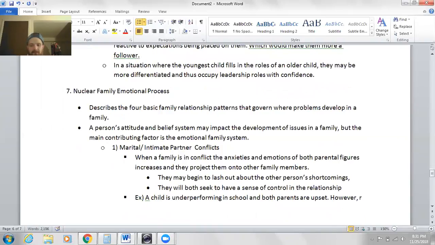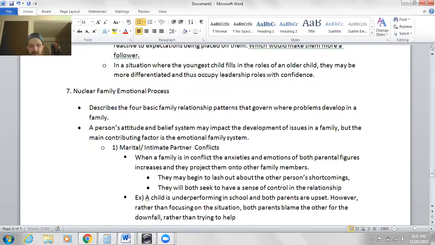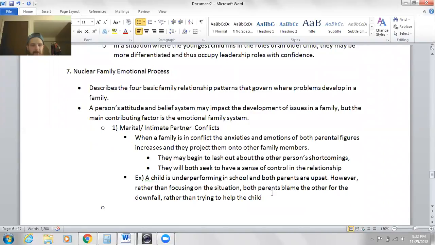However, rather than focusing on the situation, both parents blame the other for the downfall, rather than trying to help the child, which the maladaptive center here is like nothing's being solved since the kid still needs help.